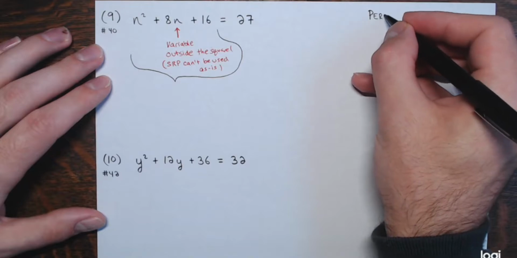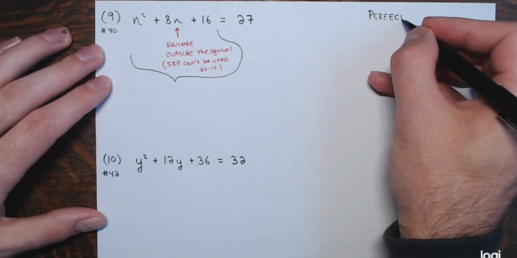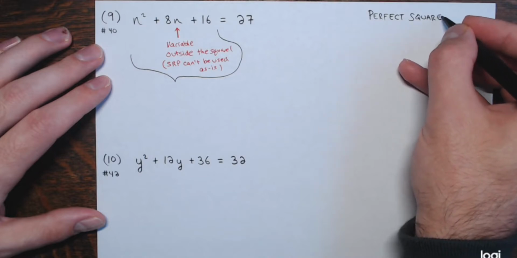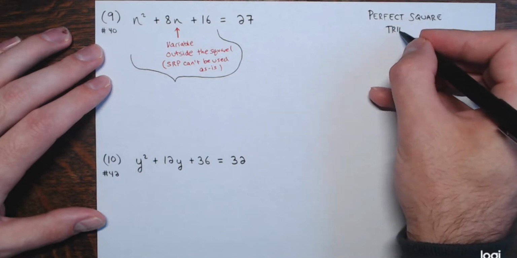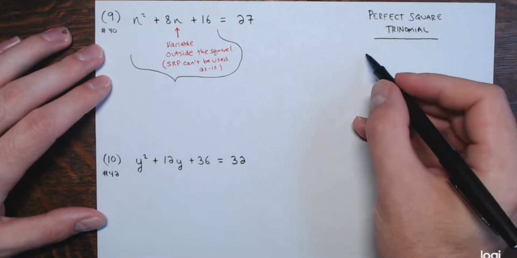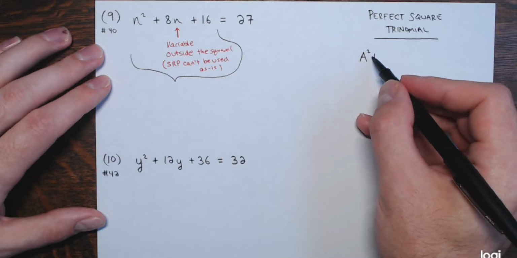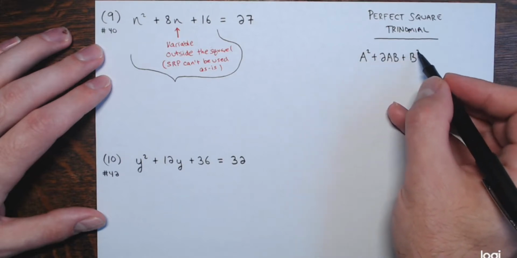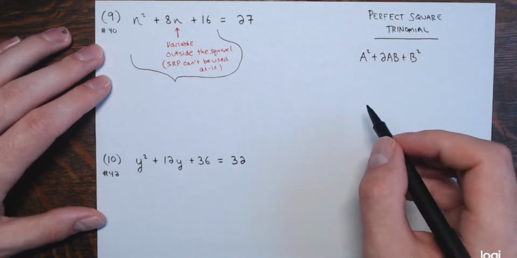You may recall what a perfect square trinomial is. If not, I'll refresh your memory over here. So we have a squared plus 2ab plus b squared, where a and b are just some expression.